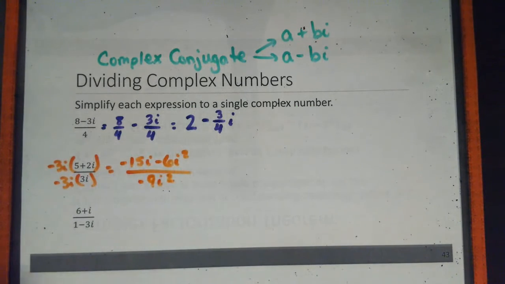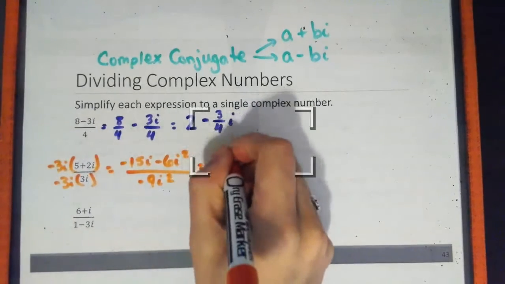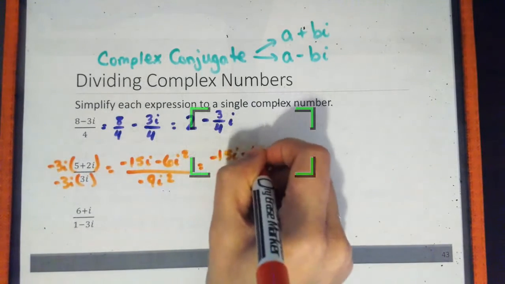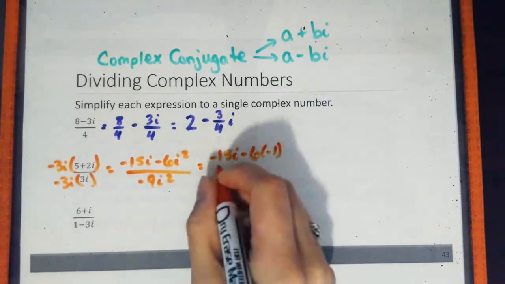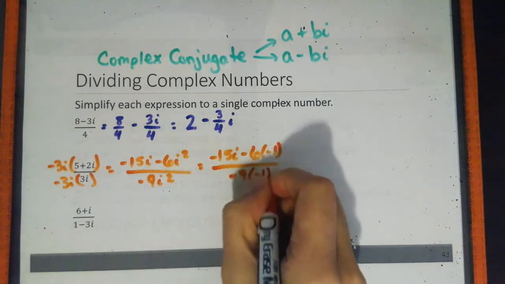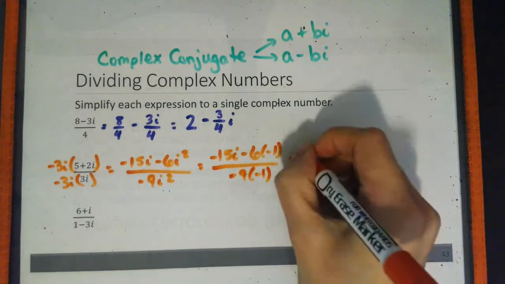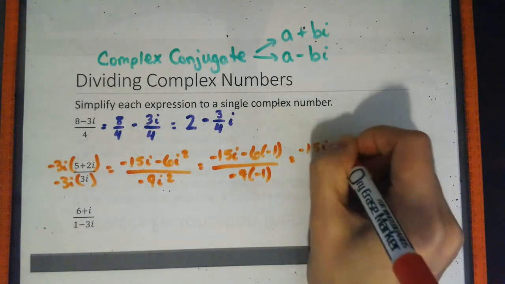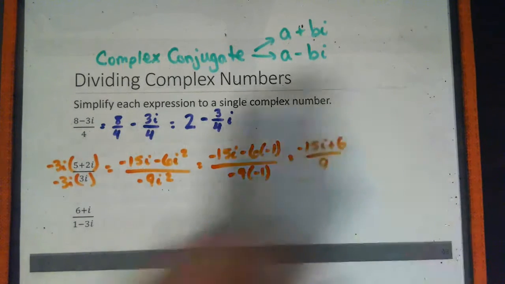There's a lot going on there, so let's simplify what we've got. We have negative 15i minus 6 times negative 1 over negative 9 times negative 1, which is negative 15i plus 6 over 9.